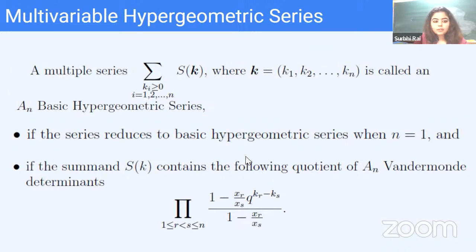First, when we substitute n equal to 1, it reduces to the basic hypergeometric series, the one variable hypergeometric series. And second is that it necessarily contains the quotient of Vandermonde determinants. That is a product of this form. The x_r are variables, q is as before, and q^(k_r minus k_s) is also a variable.